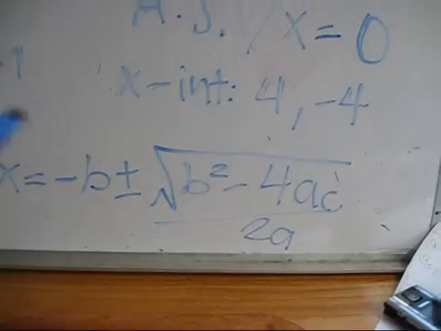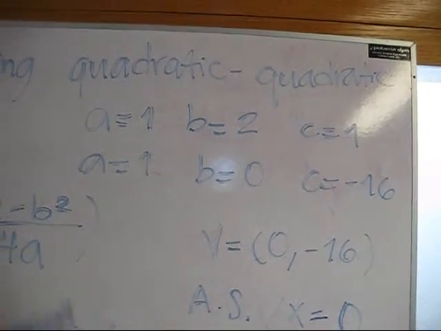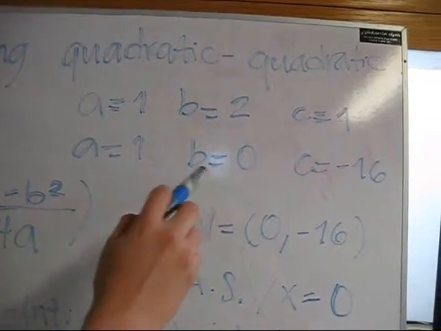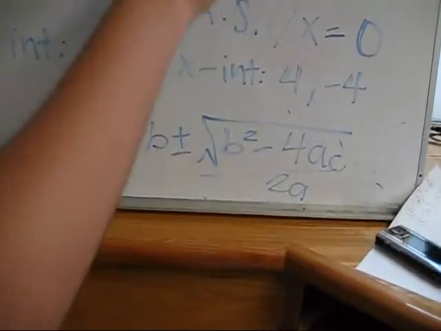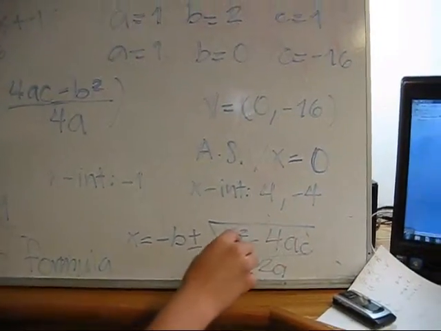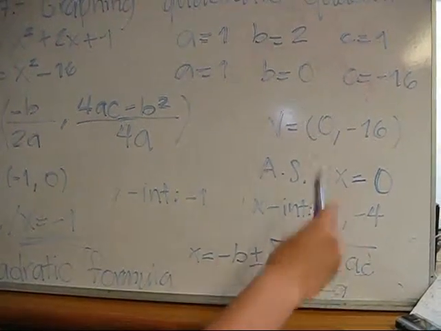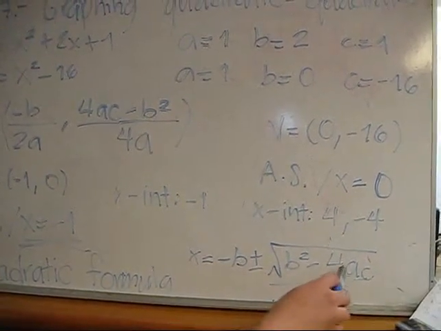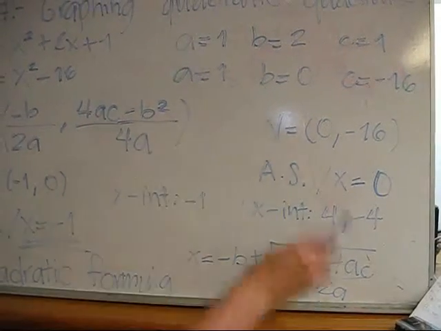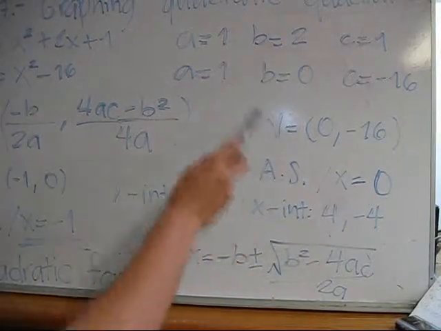You substitute in the formula. Let's do it with the second equation. It's negative b, so negative 0, plus or minus the square root of b squared, which is 0 squared, minus 4ac, which is 4 times 1 times negative 16, over 2a, which is 2 times 1.